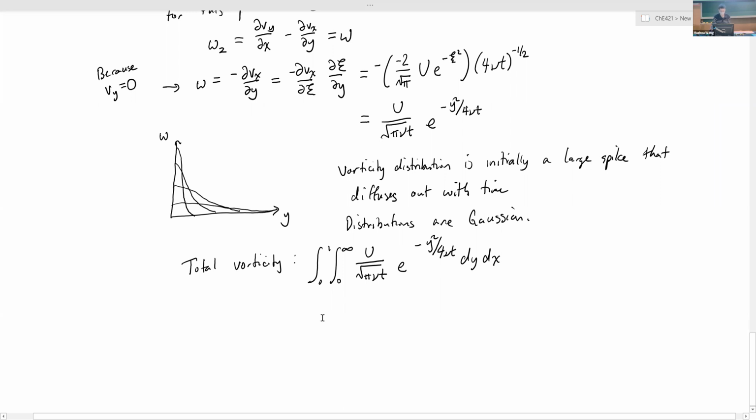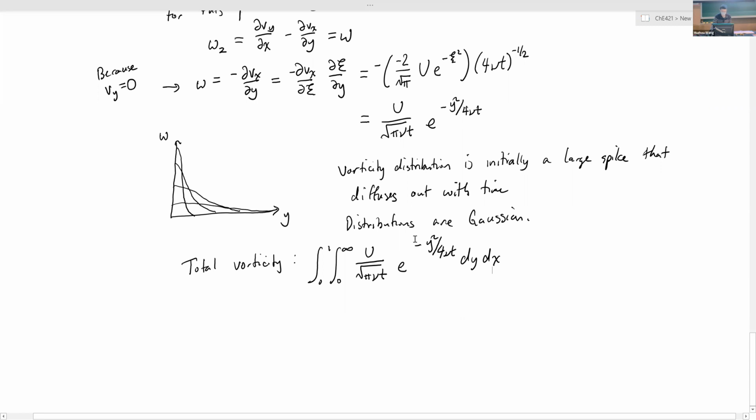I'm integrating as y goes from 0 to infinity, and I'm integrating as x goes from 0 to 1, because it's all the same in all directions in x. X is a horizontal direction, so let's just do it over a 1 unit length. There's no dependence on x, so I don't need to actually integrate over x, and let's not worry about that.